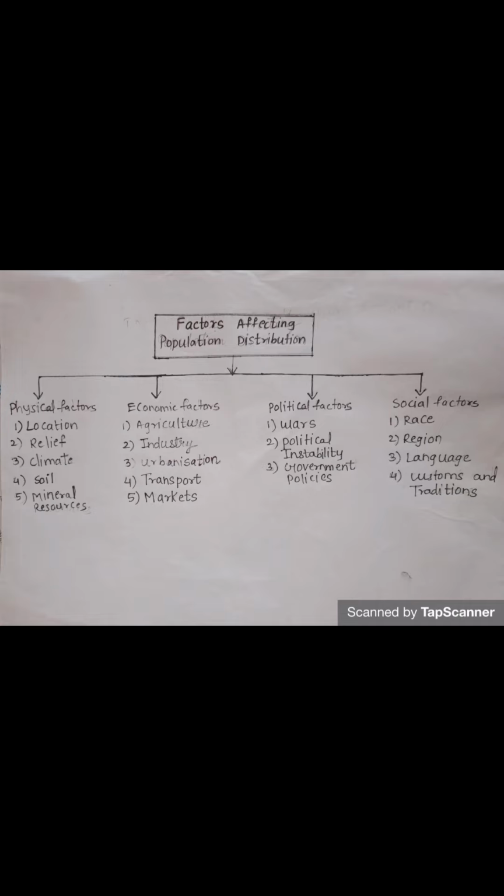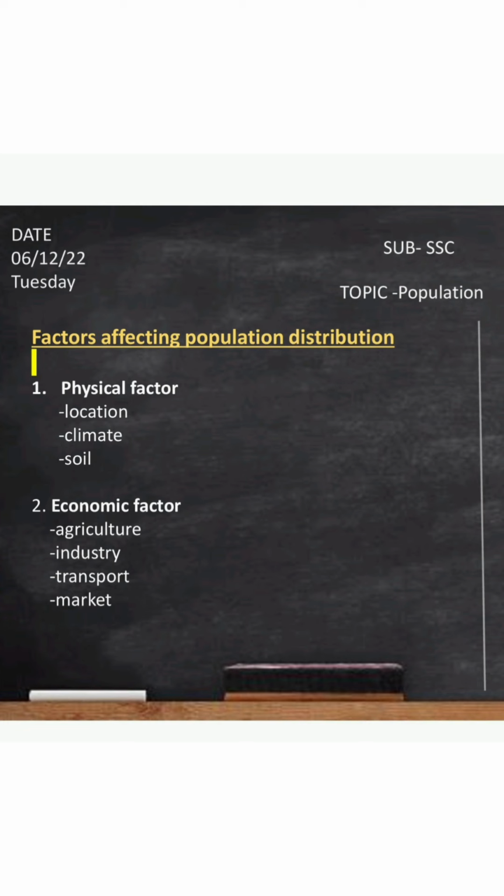Now tell me one thing, after looking at this chart, what did you understand from it? That there are factors that affect population distribution. Right, correct. There is not one factor but many. Which is the first factor? Physical factor. Can anyone tell me what can come into the physical factor?